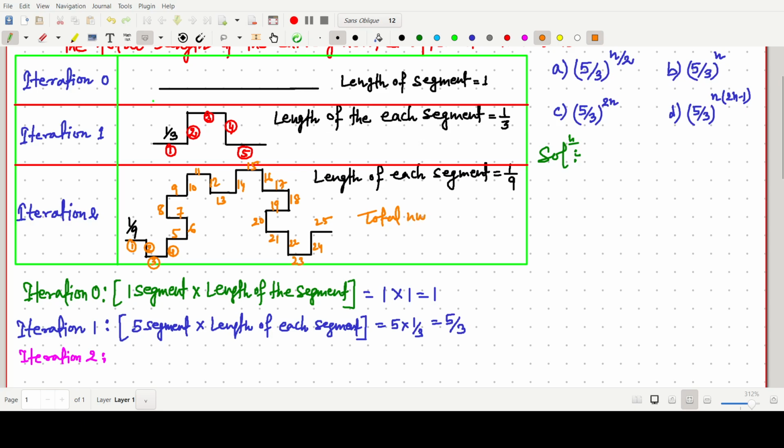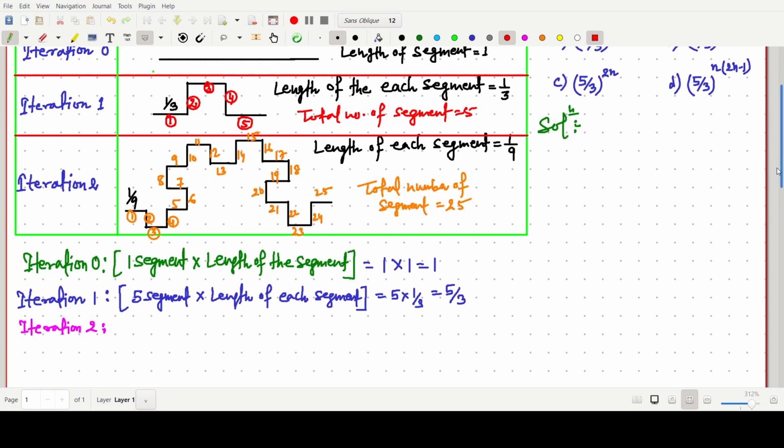For iteration 1 the total number of segments is 5, and in the very first, only one segment.